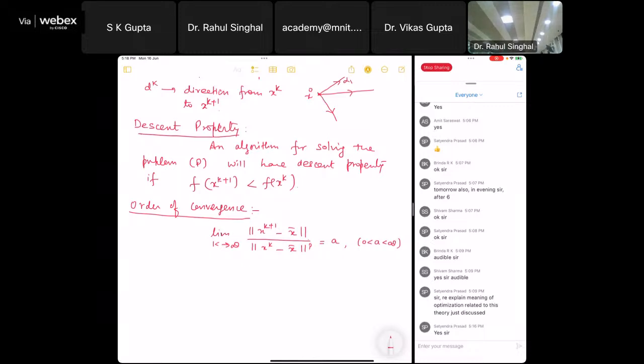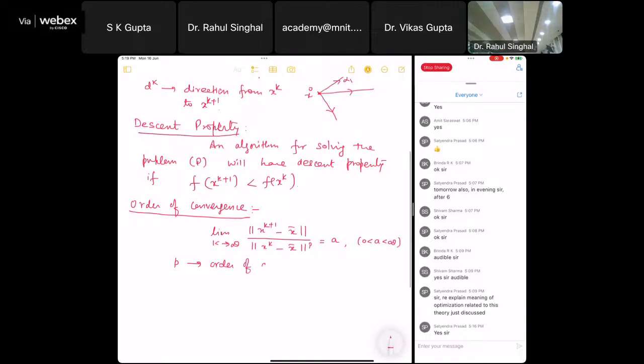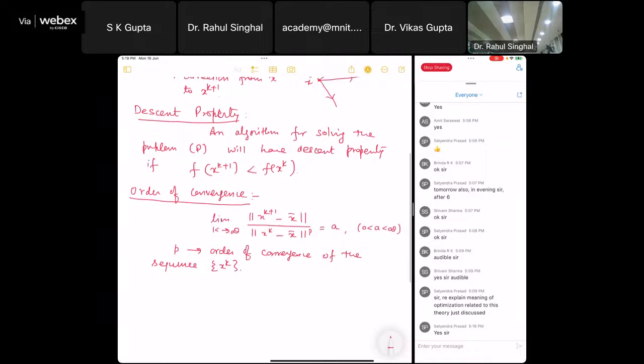And if this value is tending to some finite value a as k tends to infinity, then we say that p is basically the order of convergence of the algorithm, or we can say order of convergence of the sequence xk. Okay.